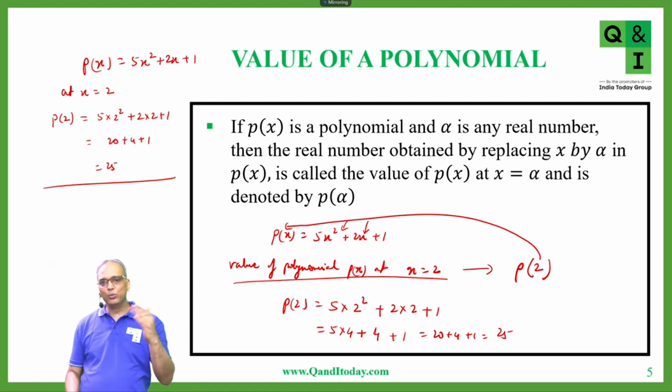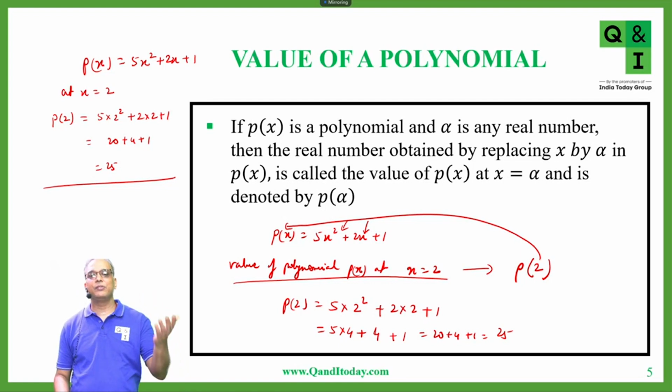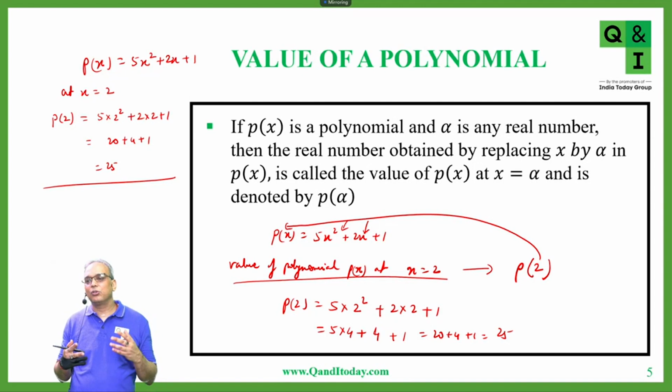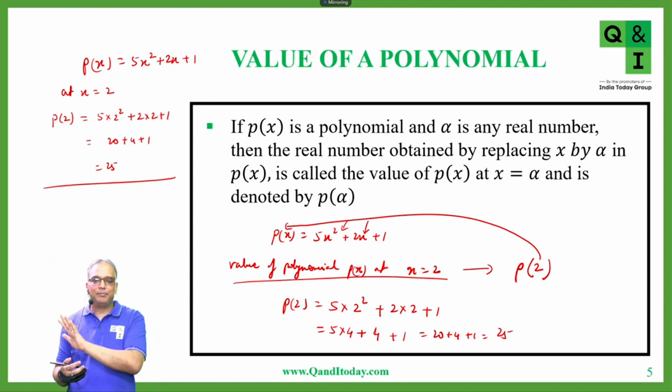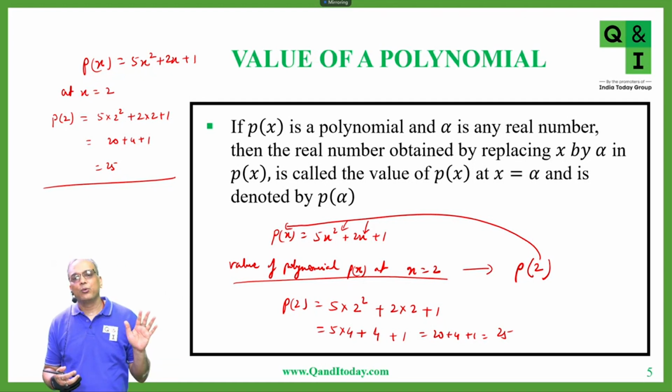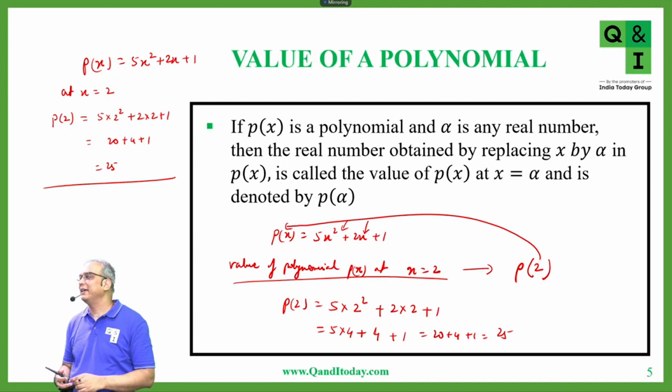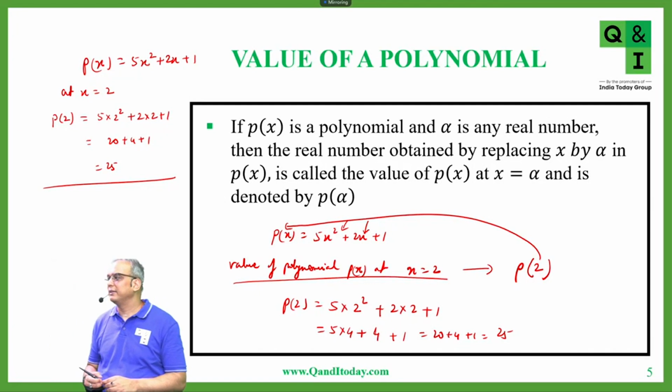See, these are new things which you are learning, which you are seeing for the first time. So there may be confusion about why I am writing it like that. But these are the basics. These are the basic concepts which we have to take as they are. Because P(x) is some polynomial, if we are going to find the value of the polynomial at some value of x, we will replace that value of x wherever we have x in the polynomial.